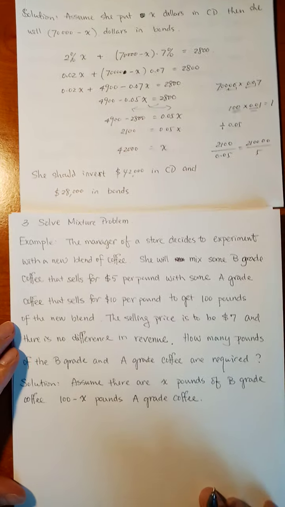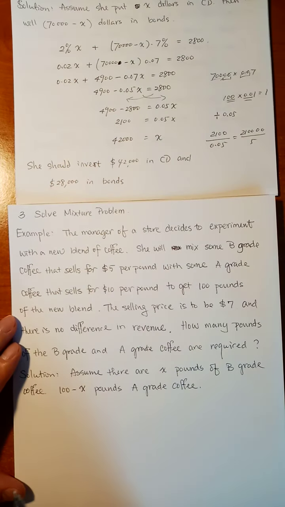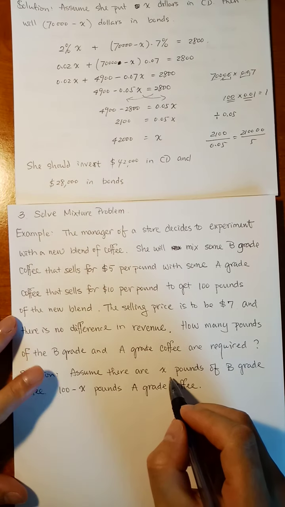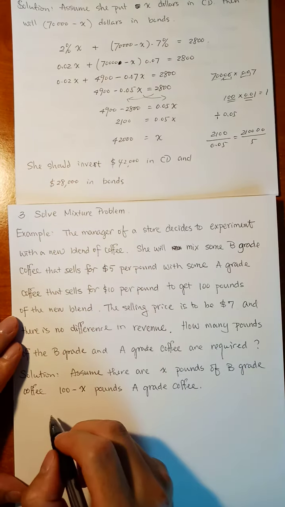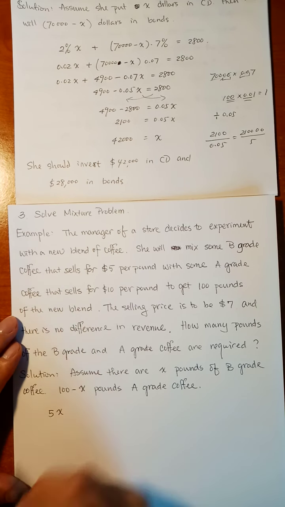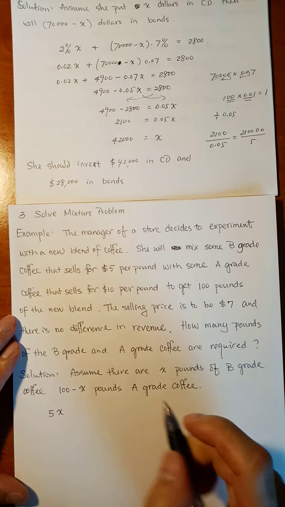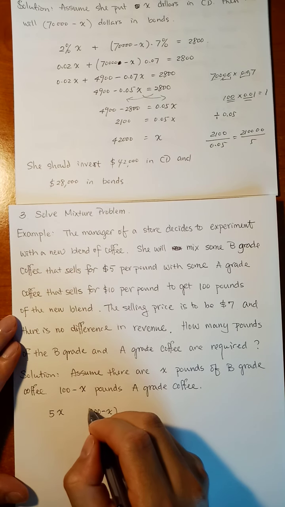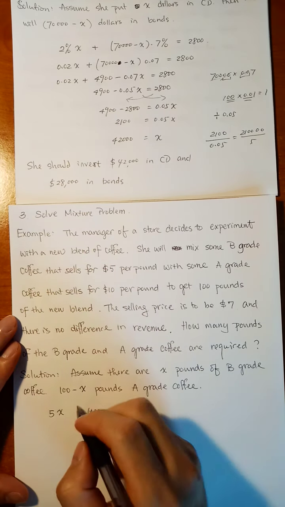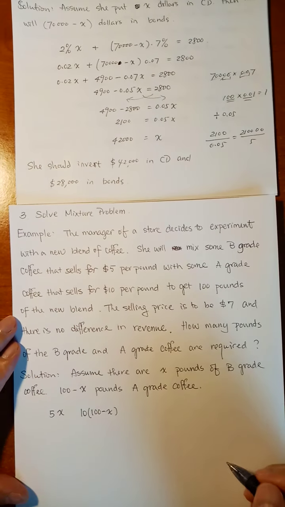Okay, so let's say there's no difference in the revenue. Well, what does it mean? X pounds of B grade sell for $5, so X pounds times 5 is earning. And 100 minus X pounds of A grade sell for $10 per pound. This is earning.